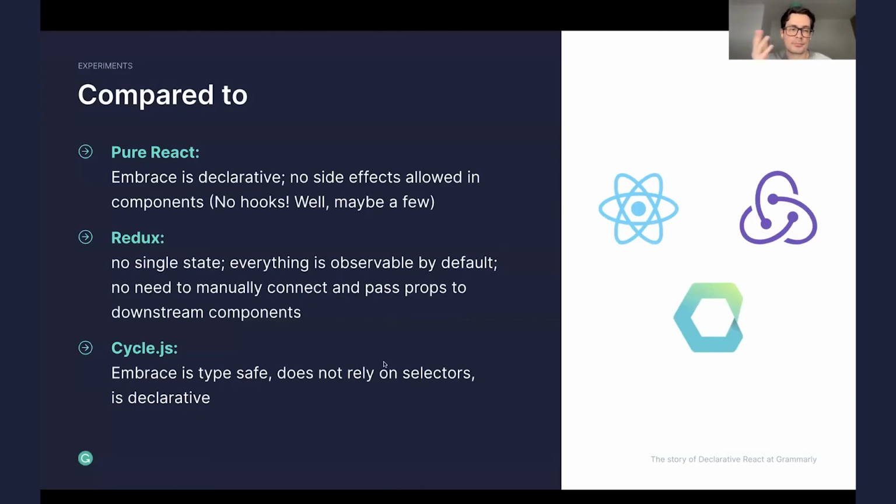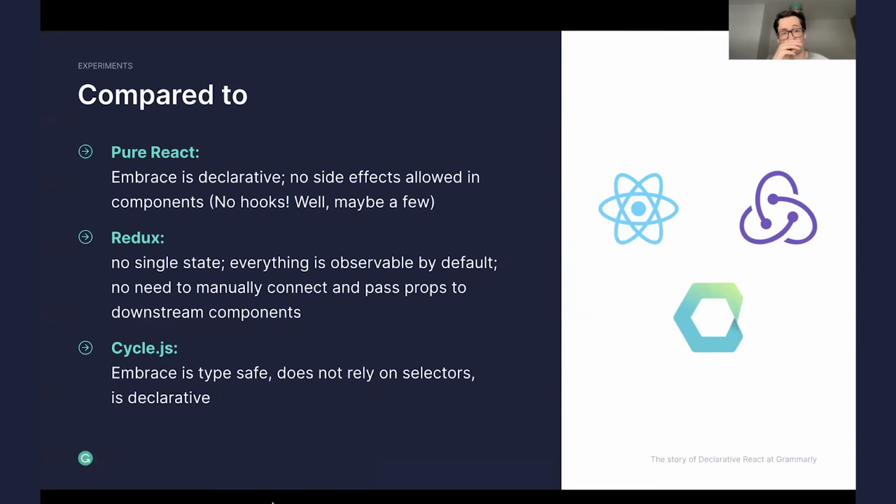So how about some comparison to other frameworks or libraries? Comparing to pure React, we don't use hooks, so no side effects are allowed in our components. You are only allowed to emit actions and use observables of state to render the updated version of the UI.